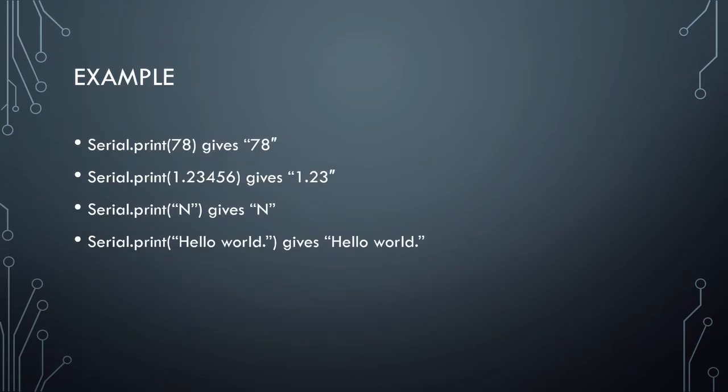So in this first example of serial print, we have 78 within the parentheses. This will print out the number 78 for you to read. Next, in the parentheses, we have a longer number, 1.23456.